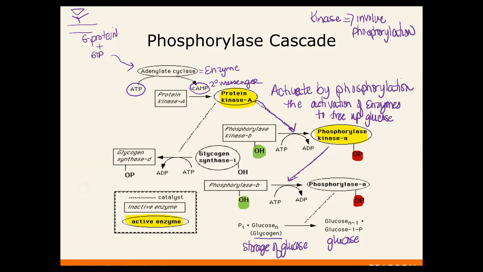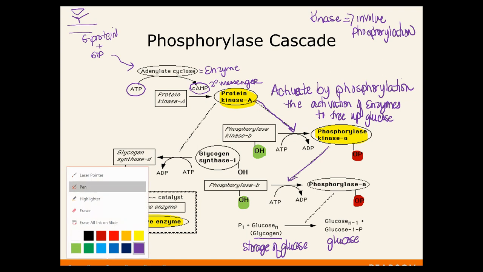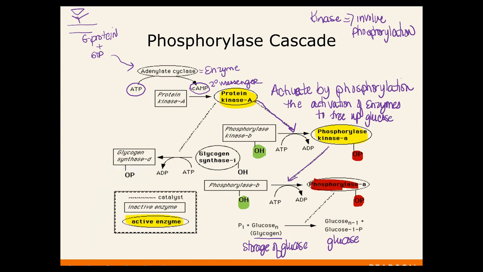Okay, and then it's going from inactive phosphorylase B to an active phosphorylase A. Okay, and now we're at the end of our phosphorylase cascade, where the outcome is that the storage molecule of glucose called glycogen releases glucose.